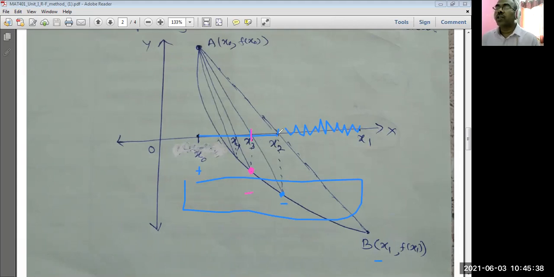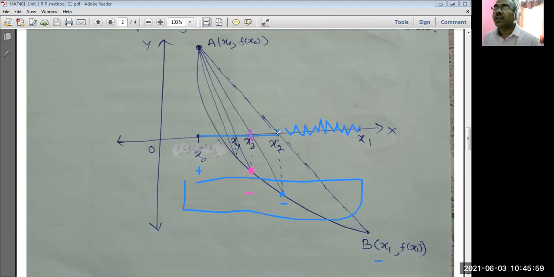Again, this original interval x0 to x2 is divided into two parts: one is x0 to x3 and the other x3 to x2. Again, check the condition. To have a solution interval, the function values must be of opposite signs.